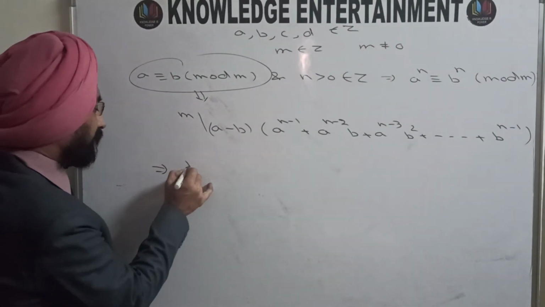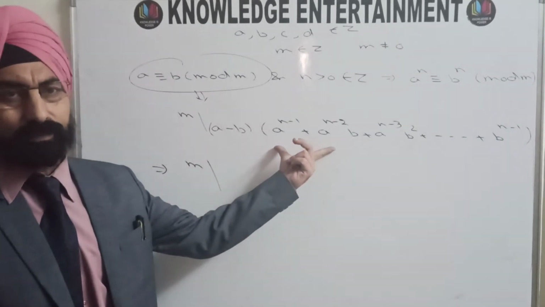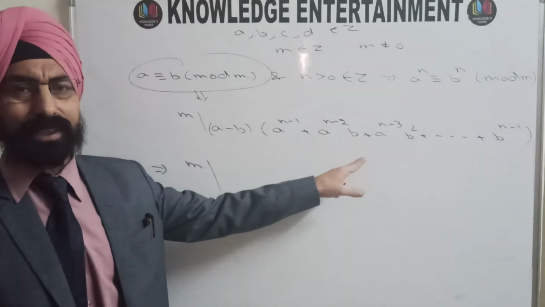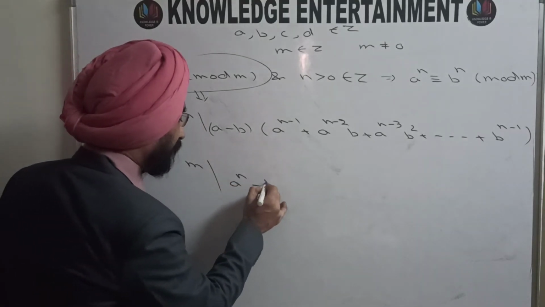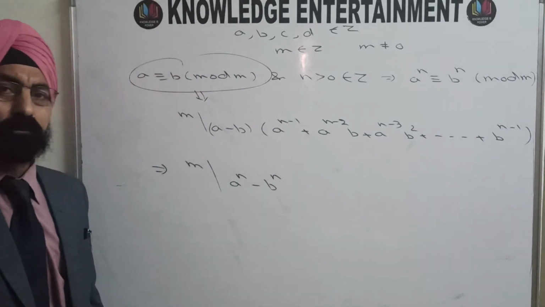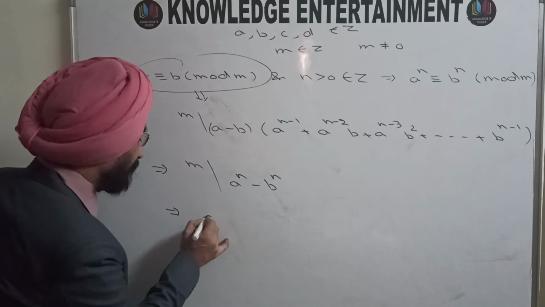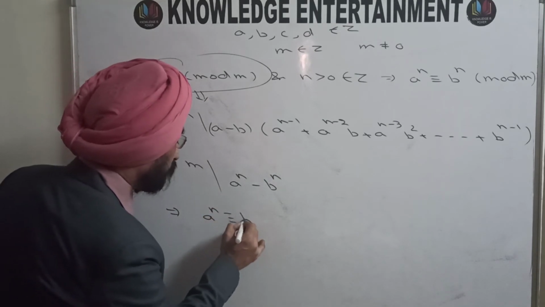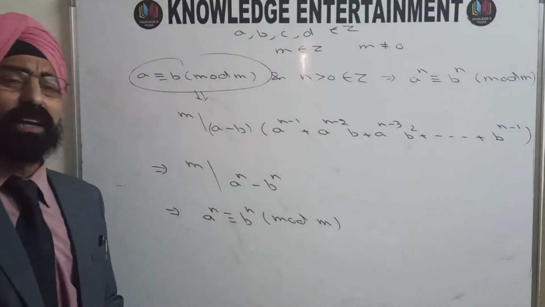And if you look carefully at this term, open this bracket, what you are going to get? You are going to get nothing but A power N minus B power N. And M divides A power N minus B power N directly means A power N is congruent to B power N modulo M. So that means what we have proved?